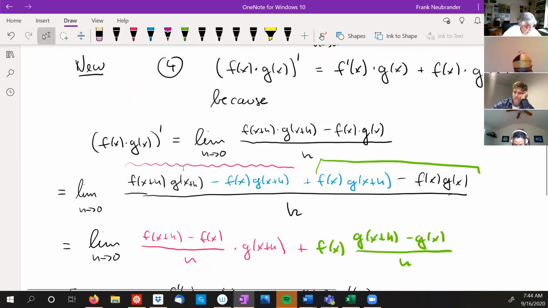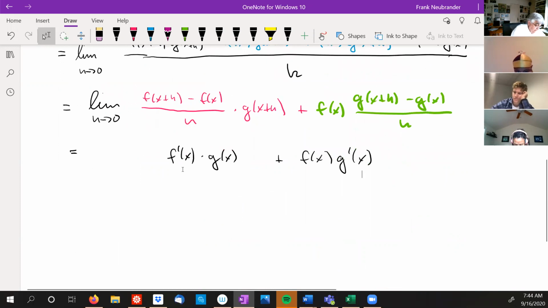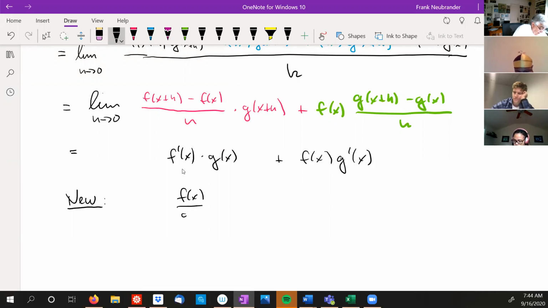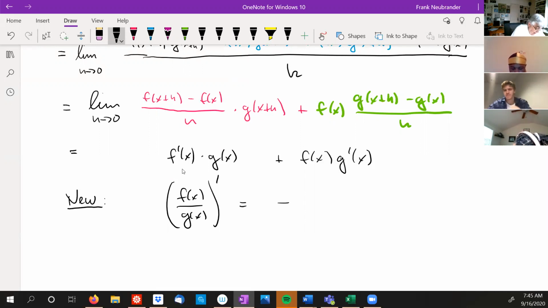So let me do the next rule. If you have a quotient, and you take the derivative of a quotient, then you get, again, a quotient, where the easy part is the denominator is nothing else than g of x squared.